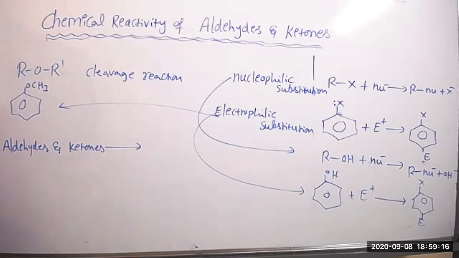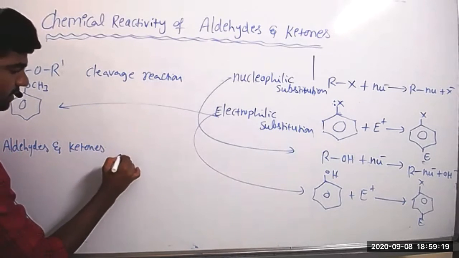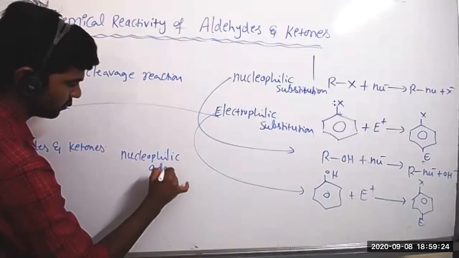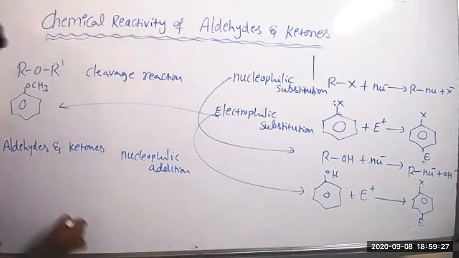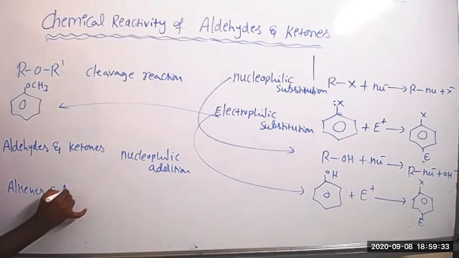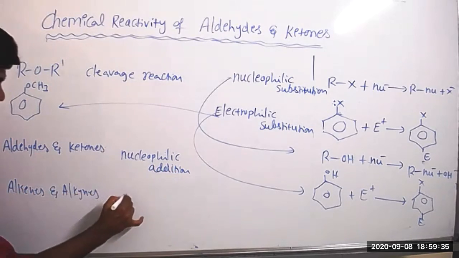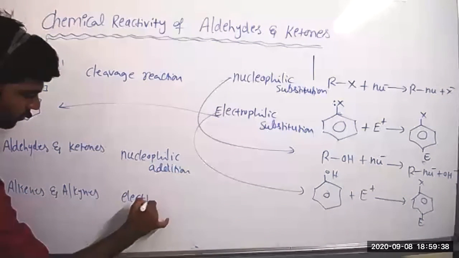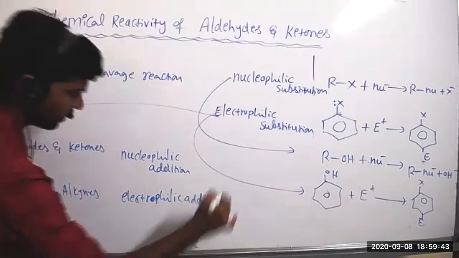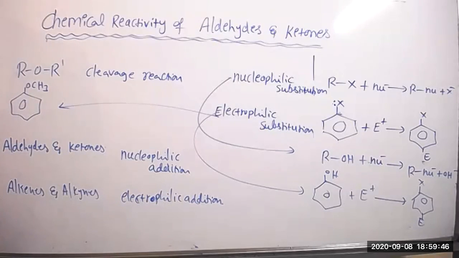These are involved in nucleophilic addition reactions. Then alkenes and alkynes are involved in electrophilic addition. I think this information is sometimes required in lower-level competitive exams like CET, useful for you. So one by one, write which functional group is involved in which kind of reaction.